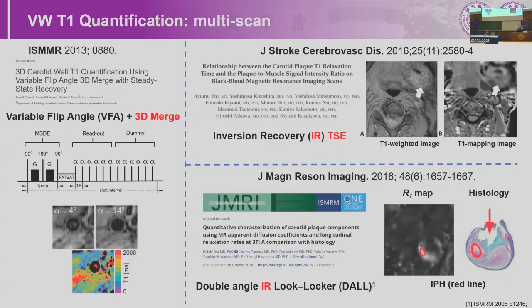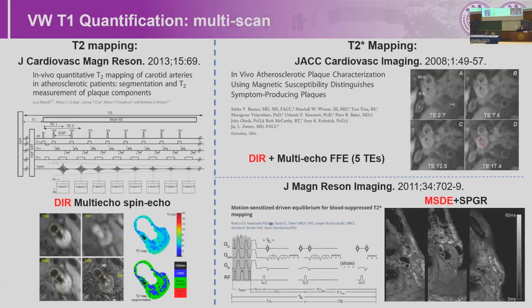These are all the previous vessel wall T1 quantification methods using multi-scan. You can see that for T1 quantification, you use the quite traditional variable flip angle, inversion recovery, and Look-Locker, but you need to add some blood suppression techniques.